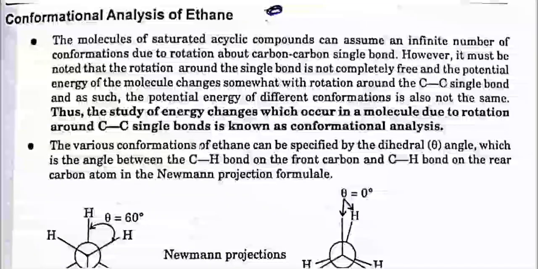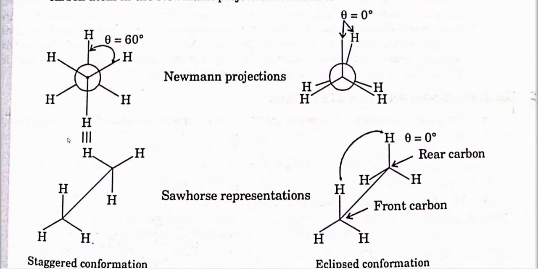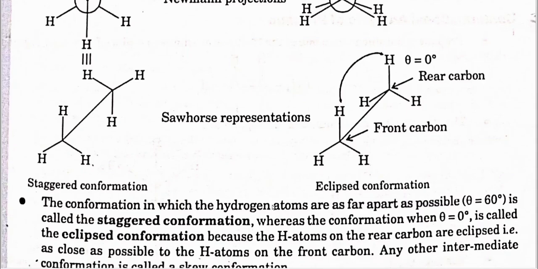The conformations of ethane can be specified by the dihedral angle, which is the angle between the carbon-hydrogen bond on the front carbon and the carbon-hydrogen bond on the rear carbon atom in the Newman projection. Here we can see Newman projections, and there is the sawhorse projection.